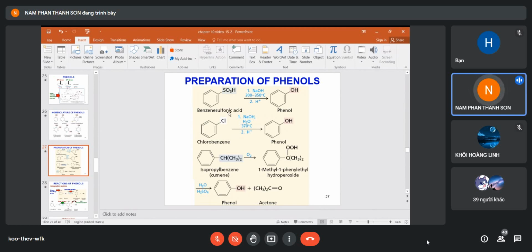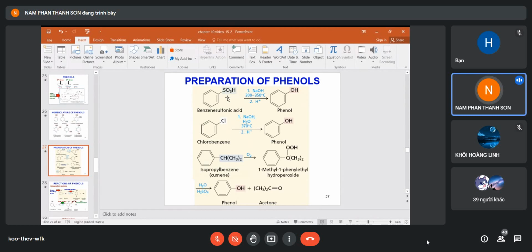In the industry, people also make phenol from benzene sulfonic acid, SO3H. People use solid sodium hydroxide and potassium hydroxide at high temperature, and we have phenol.